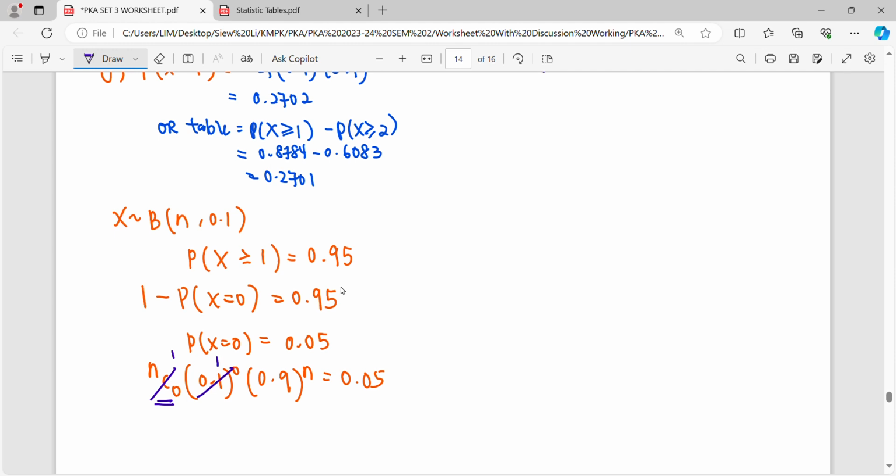So when we simplify this, we get 0.9 to the power n equals 0.05. How do we get this n? We take log on both sides so that n can come down as a coefficient. Using the properties of logarithm, when you log both sides, n can come out as a coefficient in front.